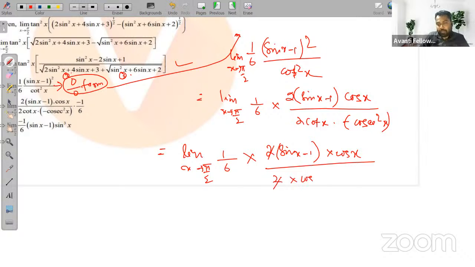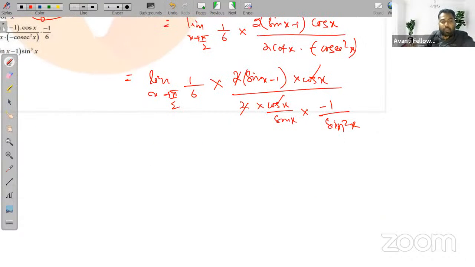Cot x, I am writing here cos x upon sin x, and 2 minus 1 upon sin square x. So cos square x is minus 1 upon sin square x, na. So cos x also will cancel out. So what did I get now?